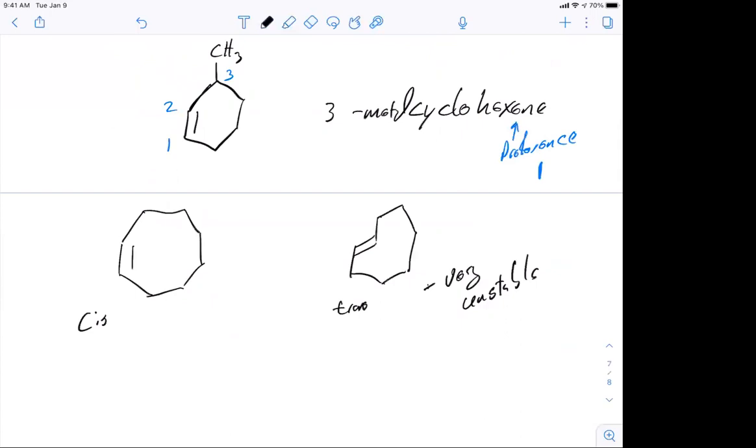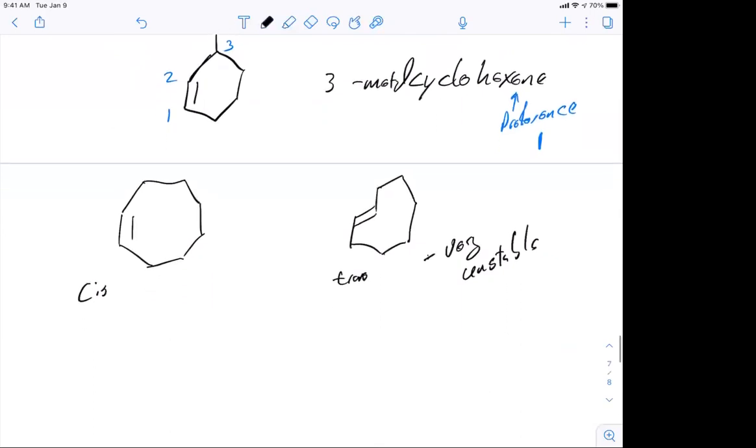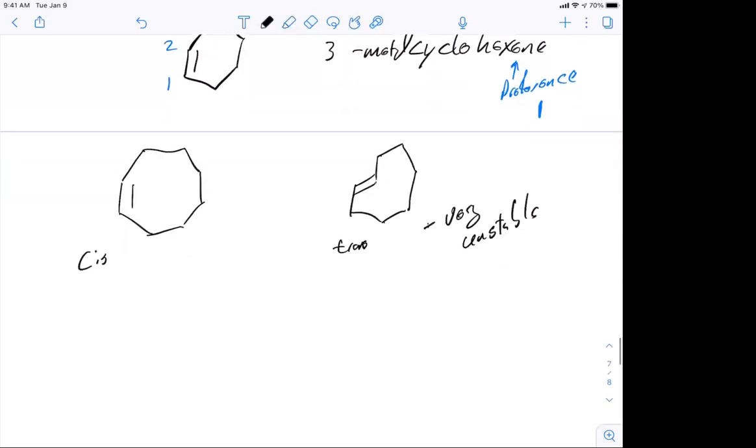But even when we get up to ring sizes of 8, the cis would be a stable molecule, and this cyclooctene is a pretty common molecule in the cis form, but the trans is not. Right, the trans just is really very unstable and will react very quickly to try and stabilize itself.